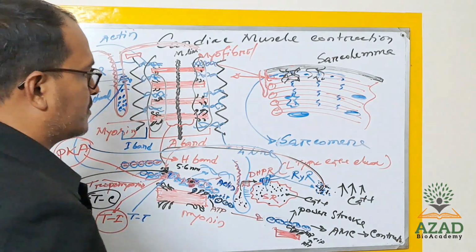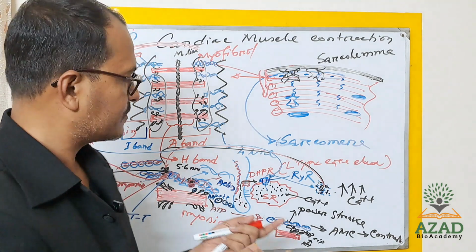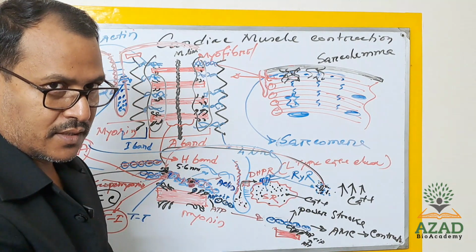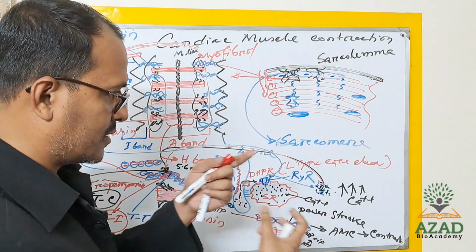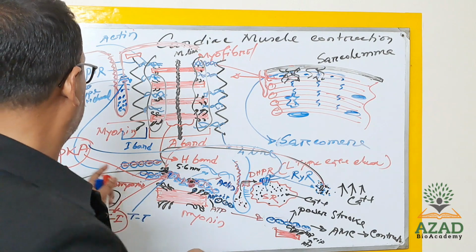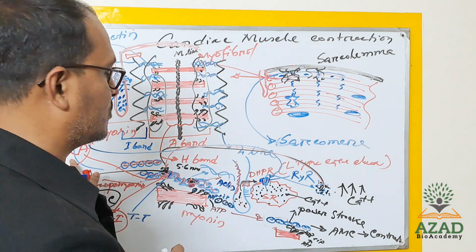But suppose more contraction occurs, so what will happen? If excessive contraction occurs, then a cardiac problem or arrhythmia may arise. So in that case, PKA can play a role. That means PKA has a dual role.